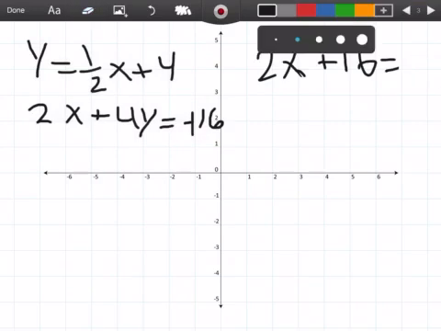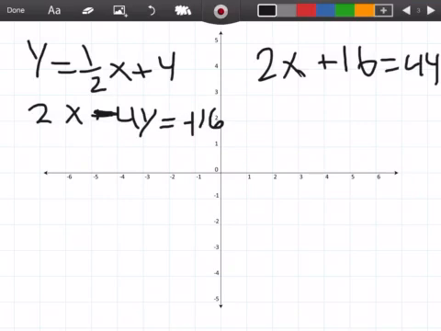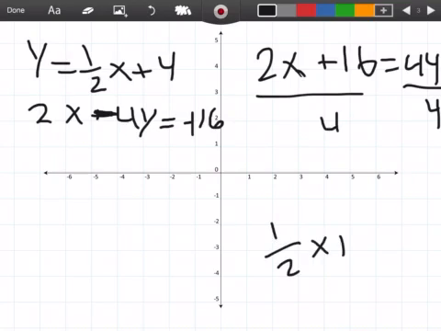So plus 16, and make this minus 4y. Then divide by 4, and we'll have y equals negative 1/2 x minus 4. Actually, I want to view it a different way: 1/2 x plus 5.